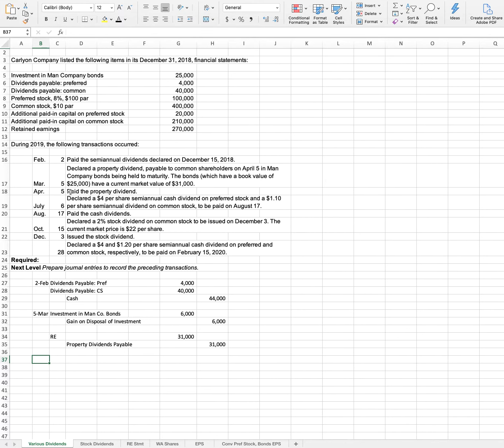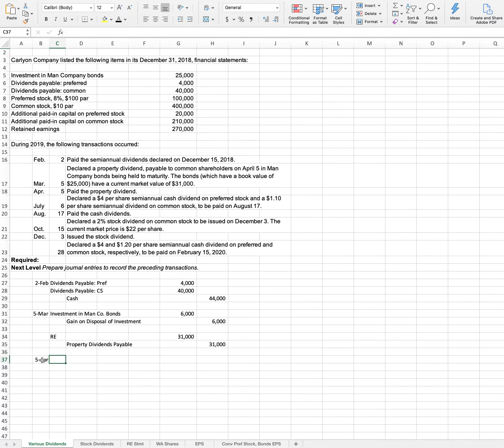So now on April 5th, we actually pay the property dividend. And if you remember from the chapter, it points out that we have the date where we have to identify the liability, and really this payable isn't necessarily a liability in the terms of how we classify assets and liabilities and equity, but it's an obligation to pay that dividend.